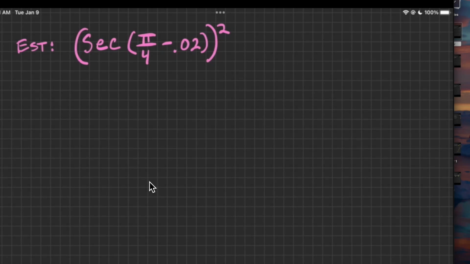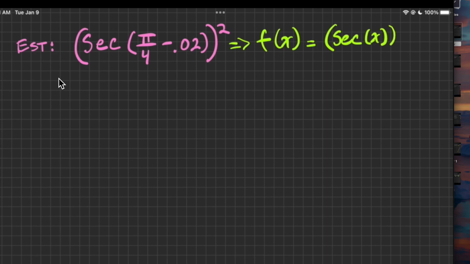In our next problem, we are asked to evaluate the secant of pi over 4 minus 0.02 quantity squared. So let's identify our f of x as f of x is going to equal the secant of x quantity squared. First thing we're going to do is pick an easy x value.